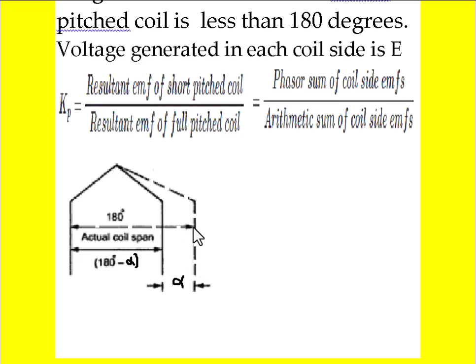If the angle between the two coil sides is not 180 but it is shortened by an angle called alpha, that is if the distance between this coil side and this coil side is less than 180 degrees, then it is called the short pitched coil. Then the angle between these two coil sides in the short pitched coil is nothing but 180 degrees minus alpha.